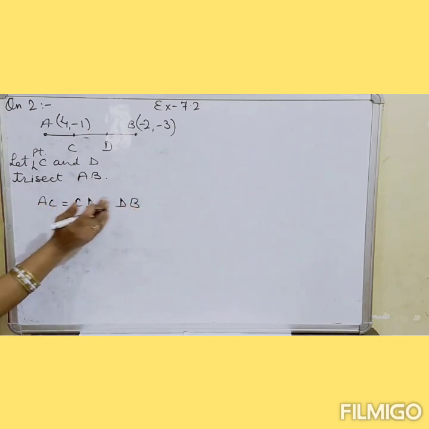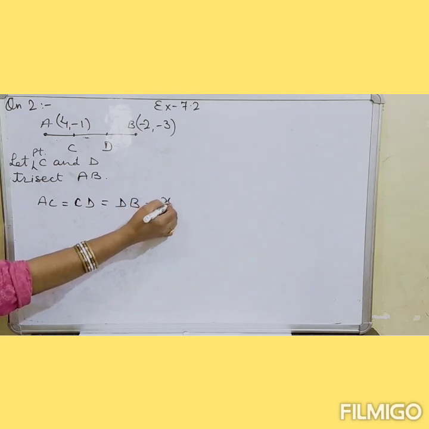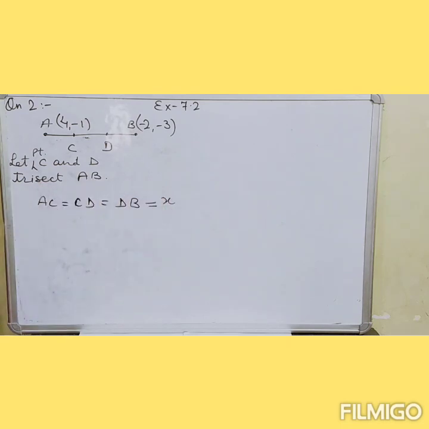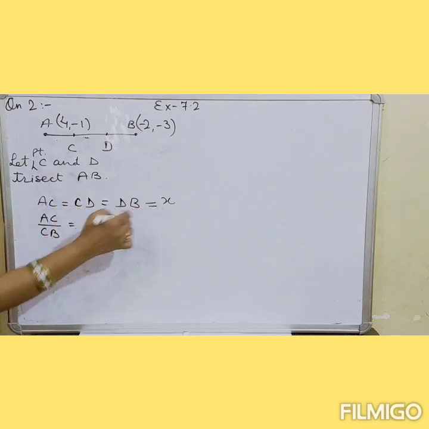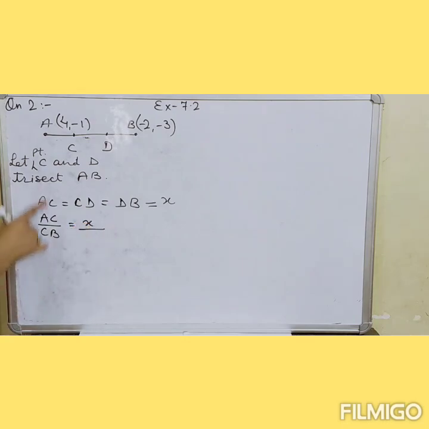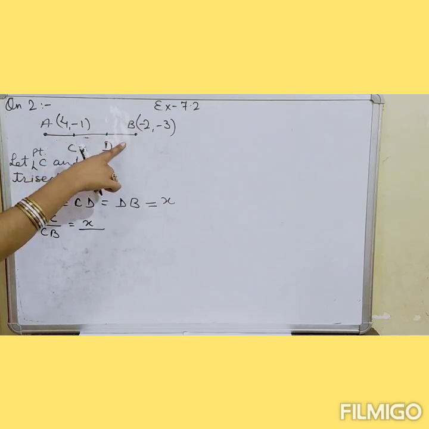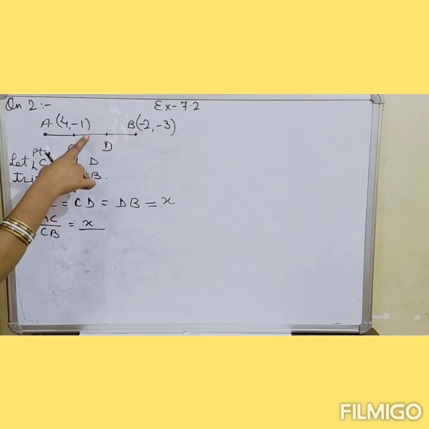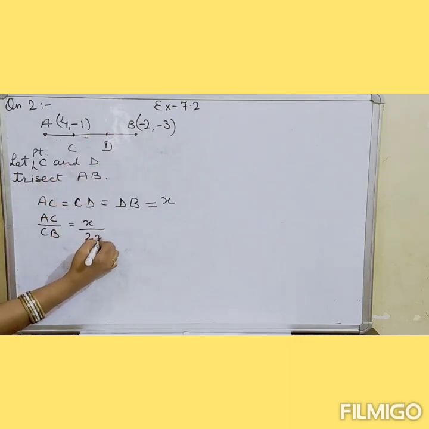And if I'm taking all 3 parts as x, then let us find the ratio AC by CB. AC is x, right? And BC is CD plus DB. CD is equal to x, DB is equal to x. So BC should be x plus x, that is 2x, and we'll cancel out and we'll get the ratio as 1:2.